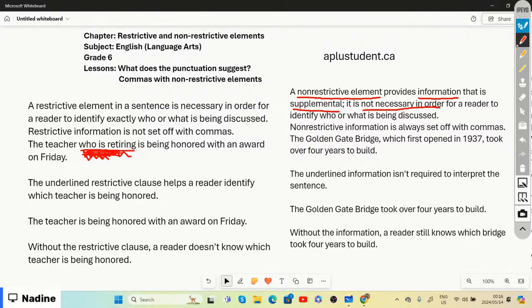And if there were no restrictive elements within that specific sentence, then we wouldn't have been able to know who or what is being discussed, or who specifically is being awarded with an award on Friday.